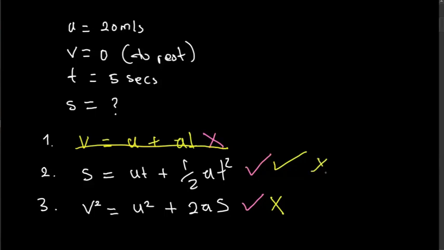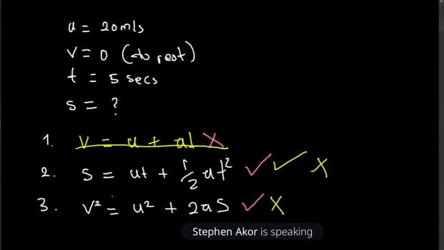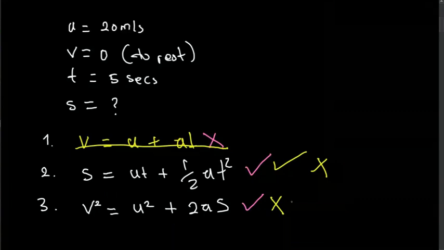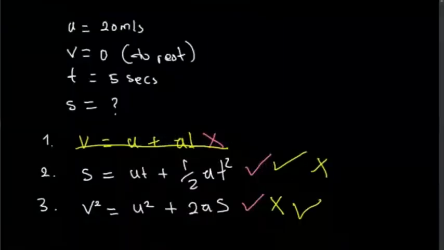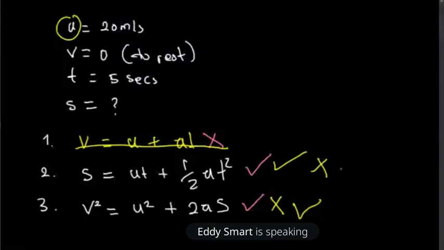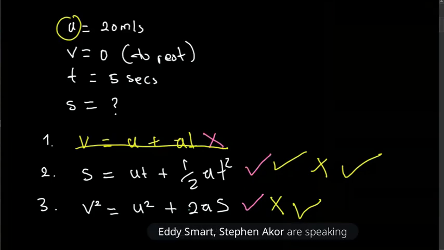Is there final velocity in equation 3? Yes, sir. Now we're left with initial velocity. Is there initial velocity in equation 2? Yes, sir. Is there initial velocity in equation 3? Yes, sir.